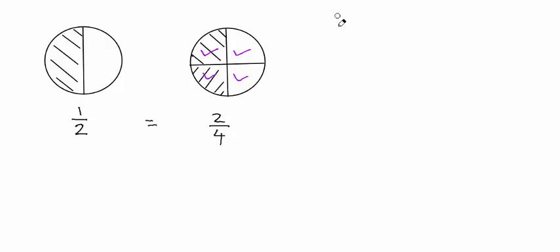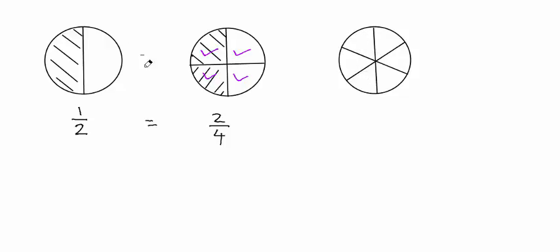Let's have another pizza of the same size. And let's now cut this into 6 equal pieces. And then if you want to eat the same amount as the previous two, you will need to eat all of this and this and this.